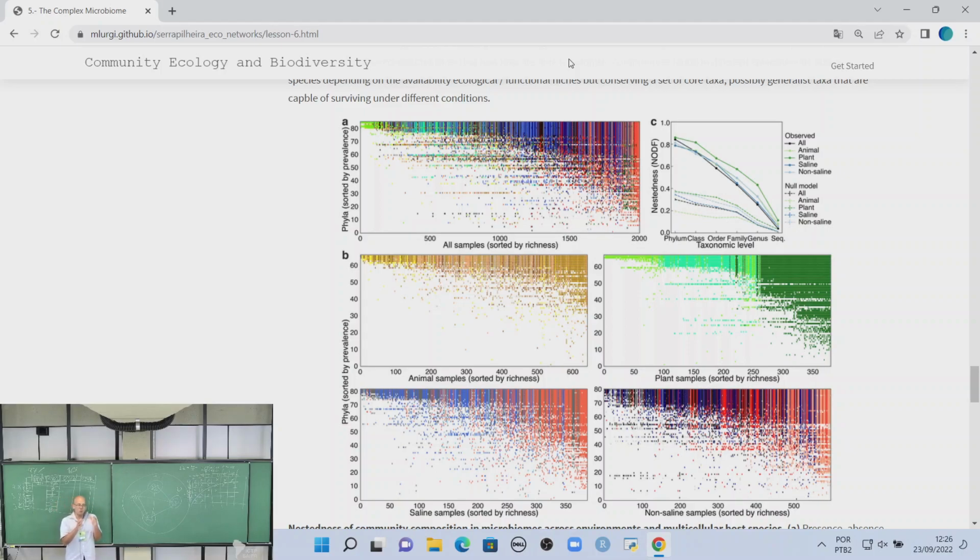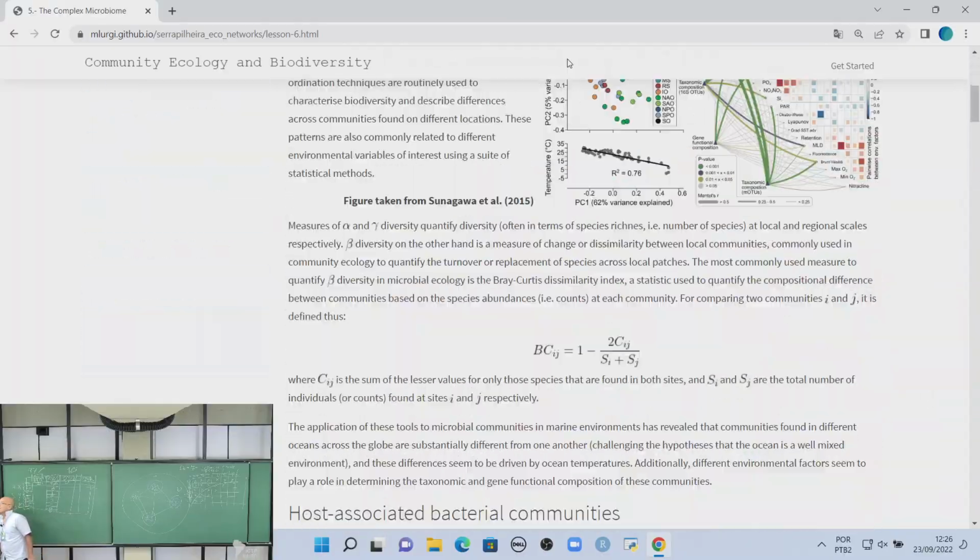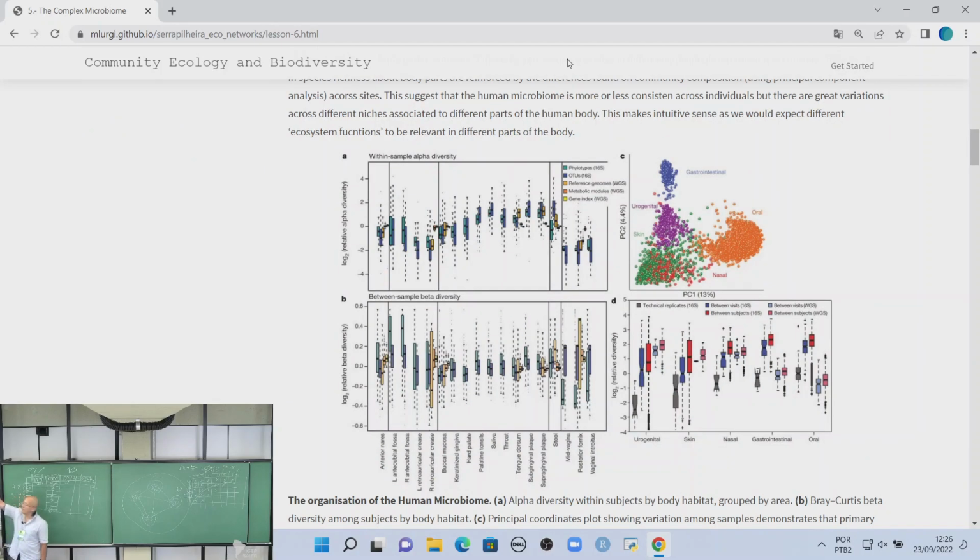Then as you specialize into particular niches or environments, you start gaining microbes that you need to live there. For example, going back to the ordination plot of the human microbiome, probably the reason why they are so different is because in different parts of your body you need to perform different functions, for which you need a different set of genes.